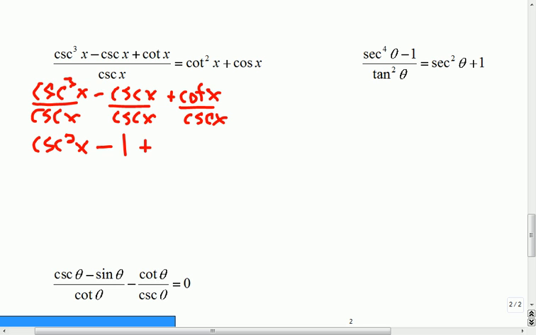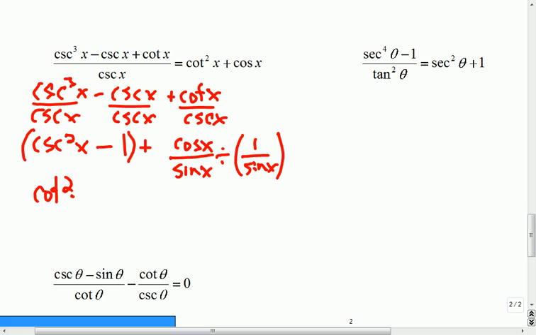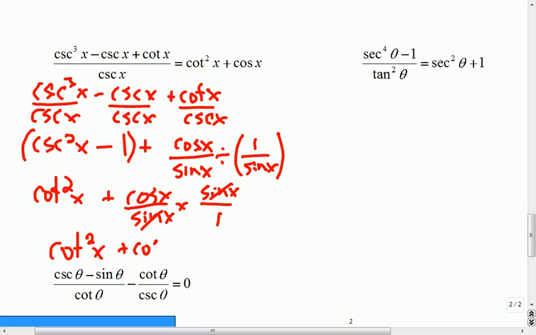And I'm going to write this as cosine x over sine x divided by 1 over sine x. This identity here is the cotangent. So I could replace this with cotangent squared x. And on this side, I need to take the reciprocal and multiply. So those would disappear, and I'd be left with cotangent squared x plus cos x.